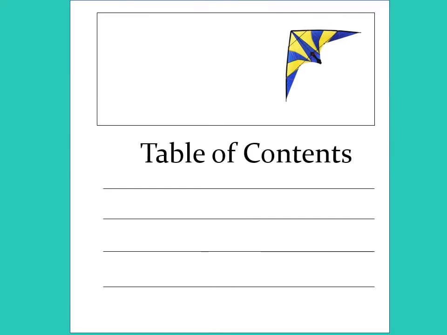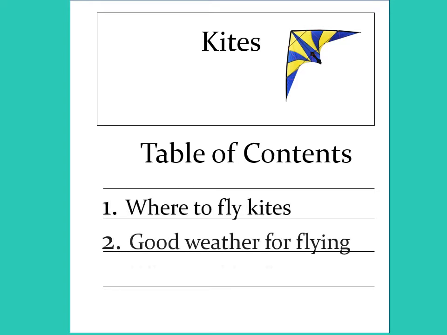Now, I want to take another look at the table of contents because it's so important. So I've got my title here to my book at the top, Kites. And I've got the words table of contents. And look at this here. Here are my subtopics: where to fly kites, good weather for kite flying, and what are kites?